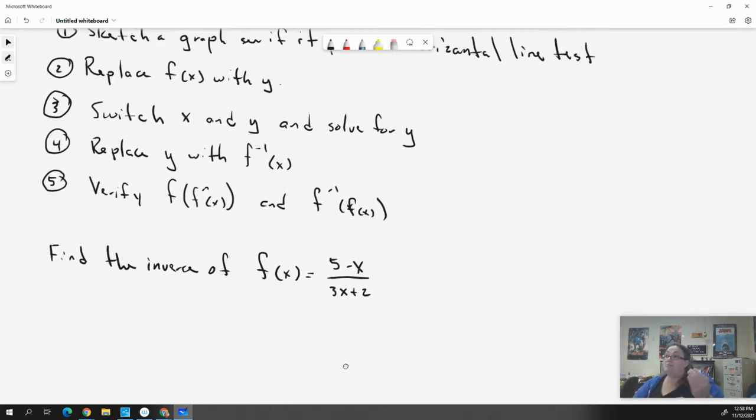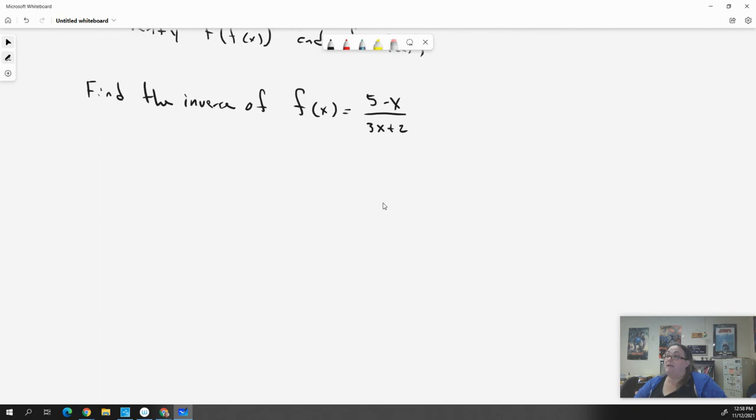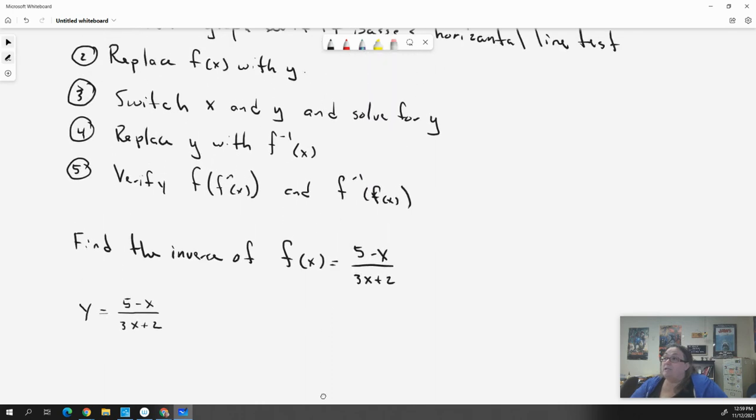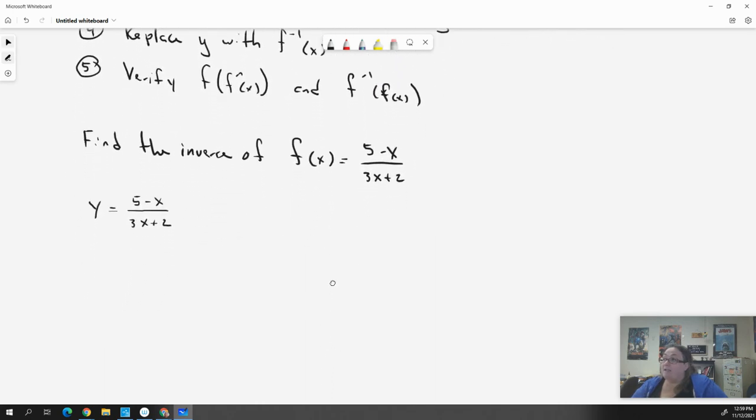Step 2 is just replace f of x with y. So we are going to rewrite this as y equals 5 minus x over 3x plus 2, right? That's step 2. We skipped the graphing step. Why? Because I'm lazy and I only have so many minutes. The next step says switch x and y and solve for y.